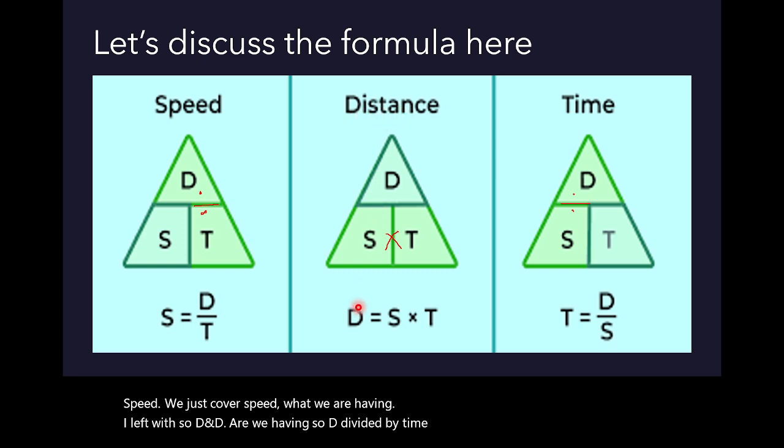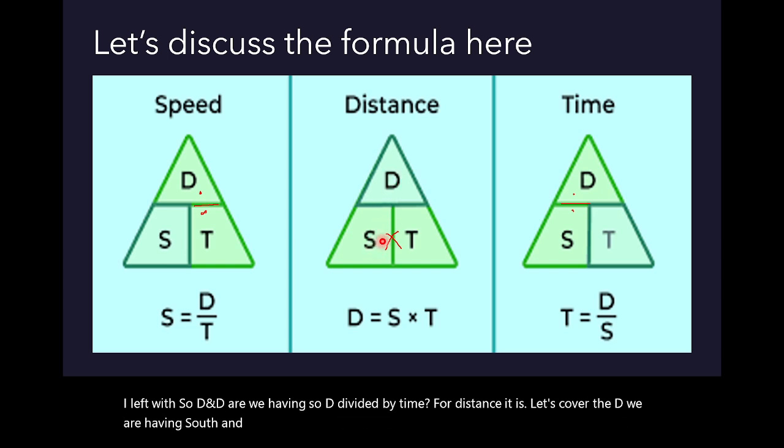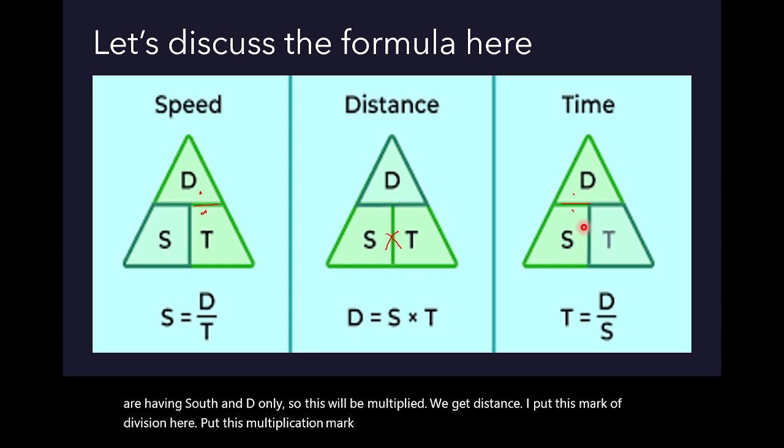For distance, let us cover the d. We are left with s and t only, so this will be multiplied. We get distance. I put this mark of division here and this multiplication mark. And for time, we are left with d divided by s.